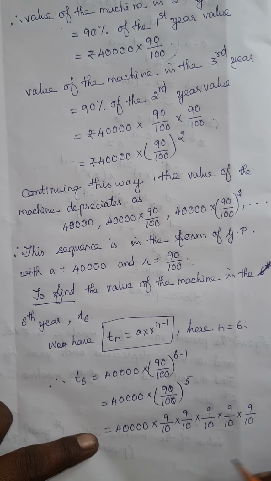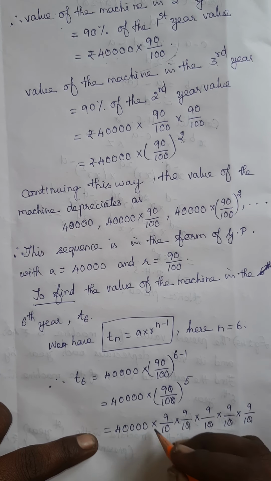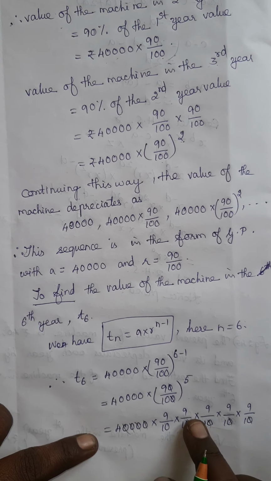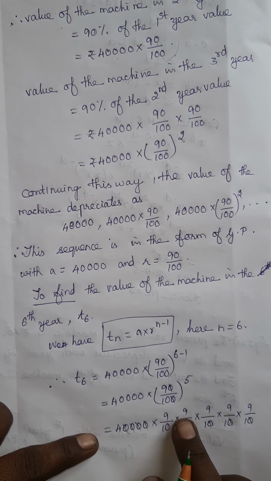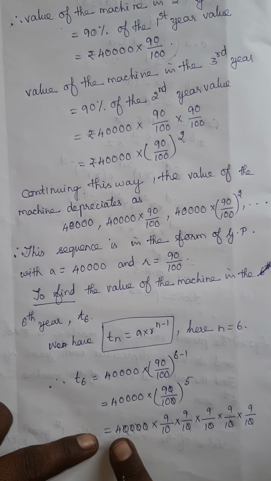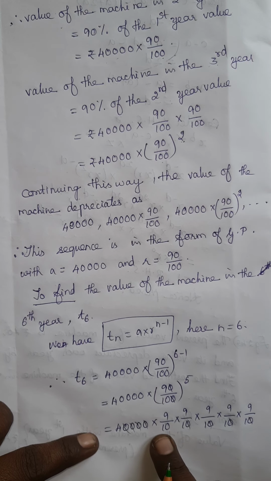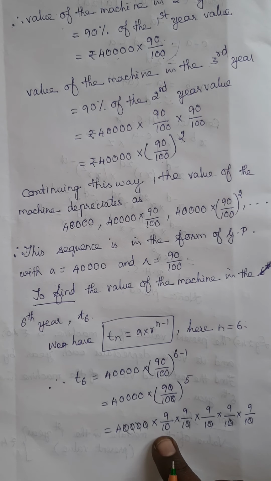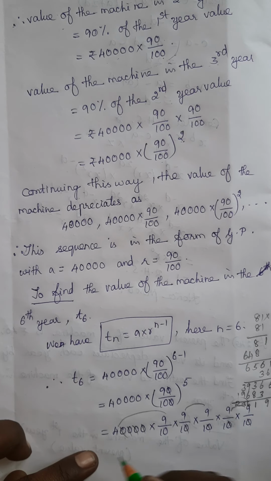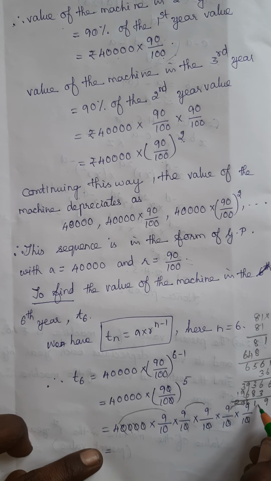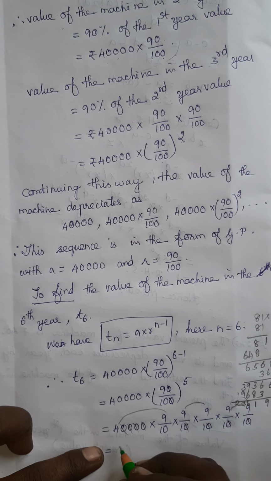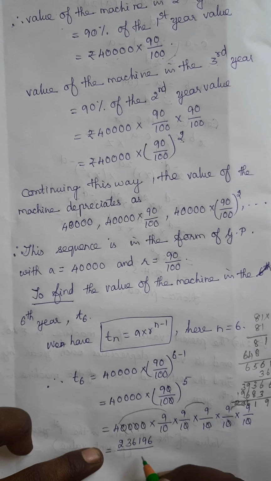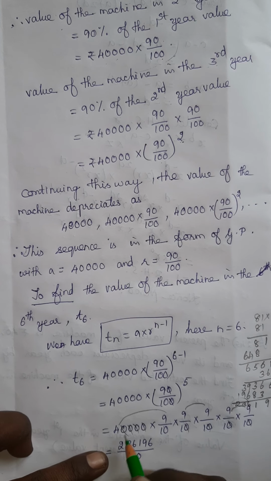Here 4 zeros, you can cancel the 4 zeros from the denominator. So what do you get? Totally the value is 9 into 9 into 9 into 9 into 9 into 4 divided by 10. When you multiply the whole numerator, you will get 2,36,196 divided by 10.